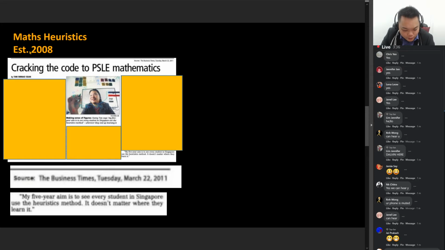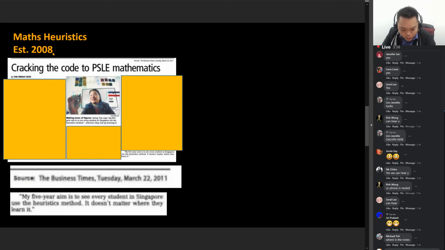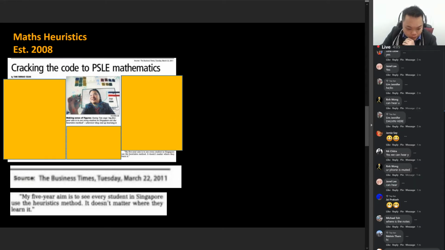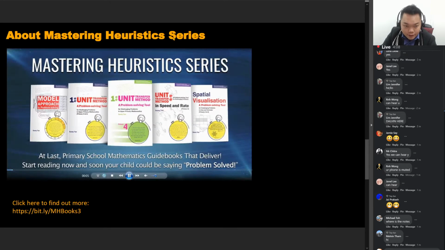He established Maths Heuristics back in 2008, but I only joined the company around 2011, in January, when I was still studying in NTU. At that time, he said his 5-year aim was to see every student in Singapore use the heuristics method, and it doesn't matter where they learn it from. And true enough, everyone these days is teaching heuristics.